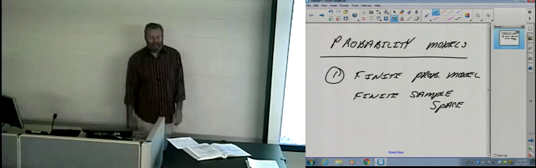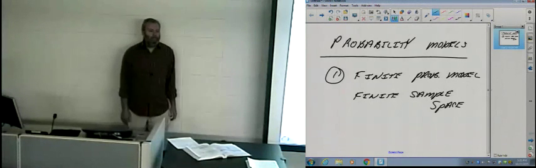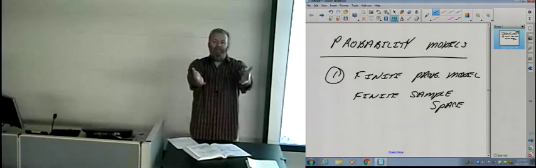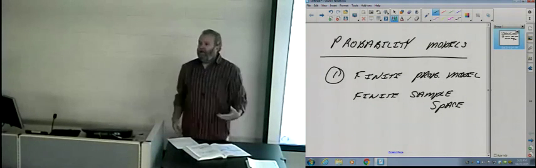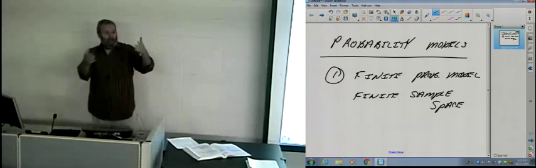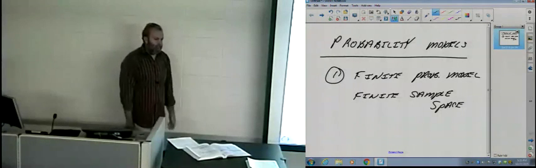Finite sample space means that we can list it. And when I say list it, that means we can write everything down in the sample space and stop. There's like 5 things in the sample space, or 6, or 10, or 100, but you can actually write them all down and stop.